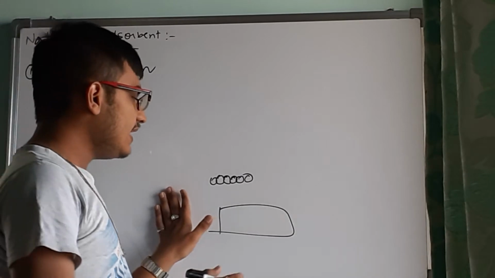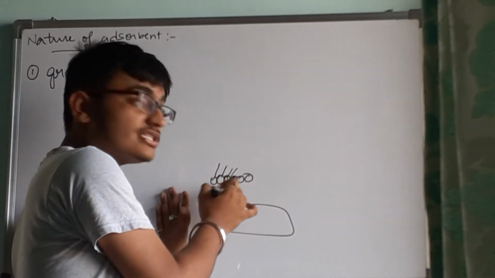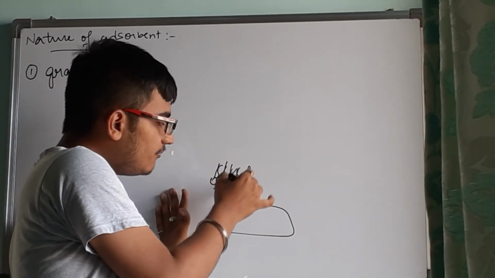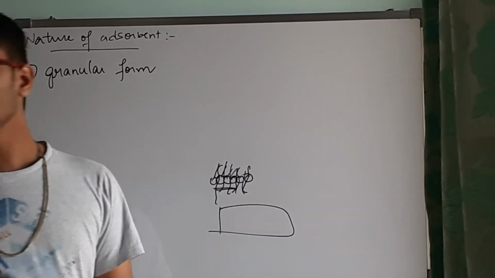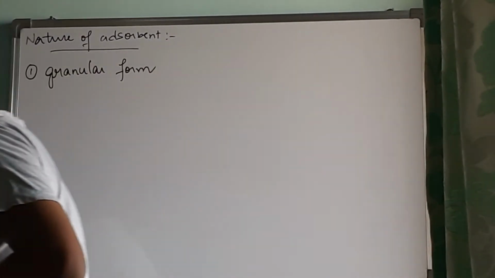But if you have granular nature, the solute particles get settled on this, and due to the porous nature of it, the unwanted particles will flow through the space between these granular particles. So the nature of the adsorbent must be granular.